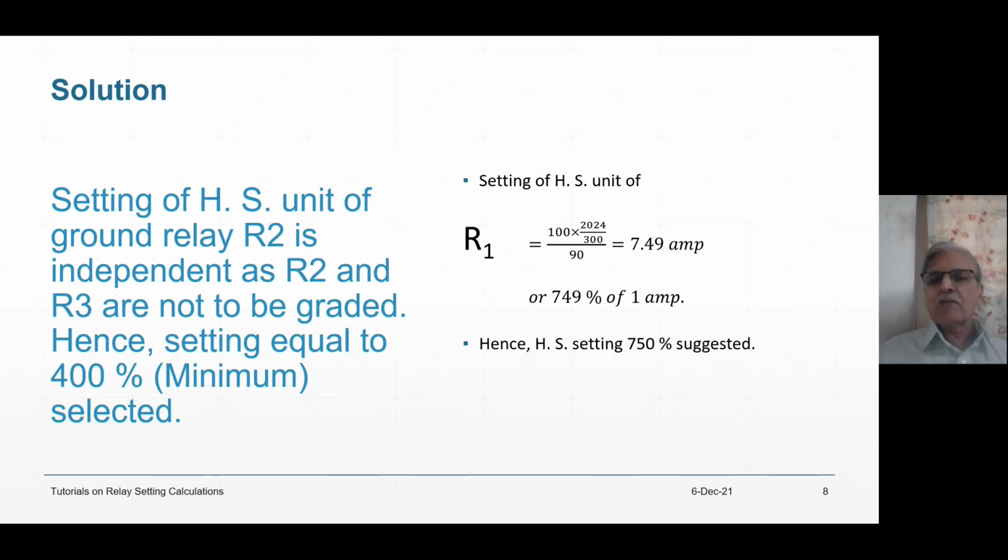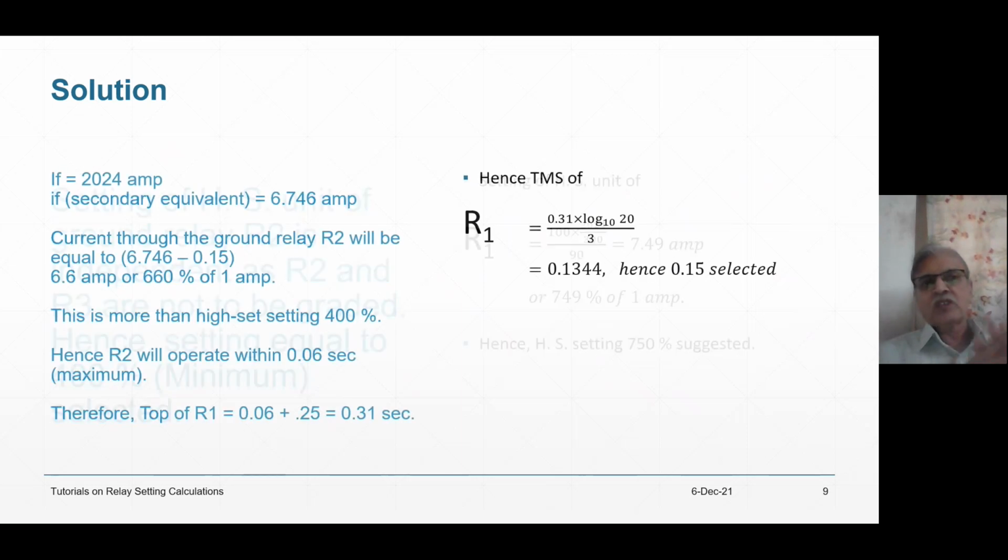And for R1, because my fault current is 2024, 2024 by 300 CT ratio by 100 minus 10, that is 90, gives 7.49, 749%. That is the high set setting, I will go for 750% for R1. That is R1, R2, R3, I have found out the setting ranges.